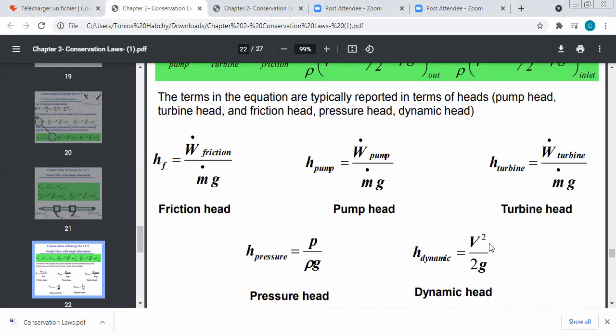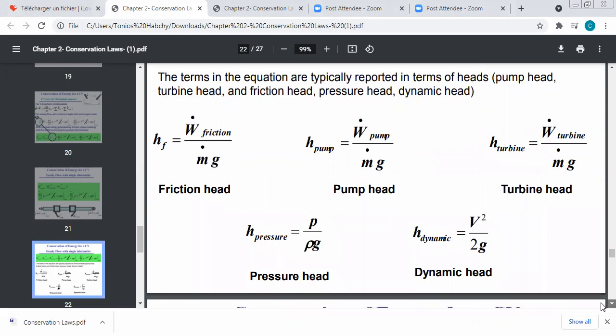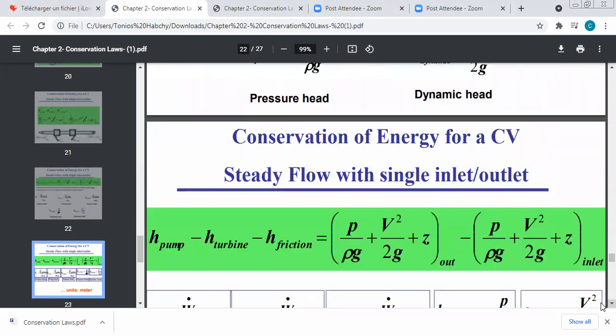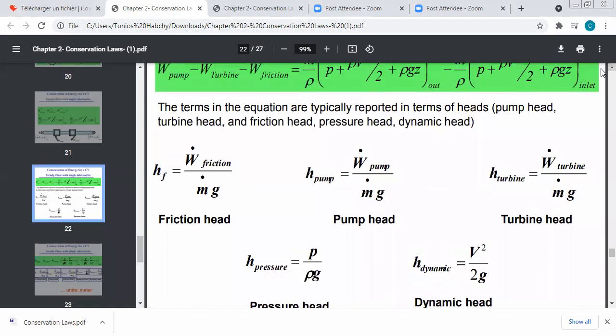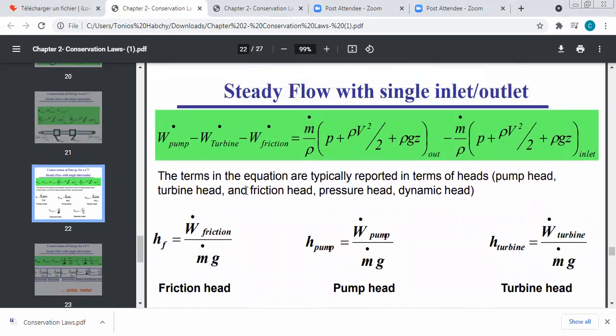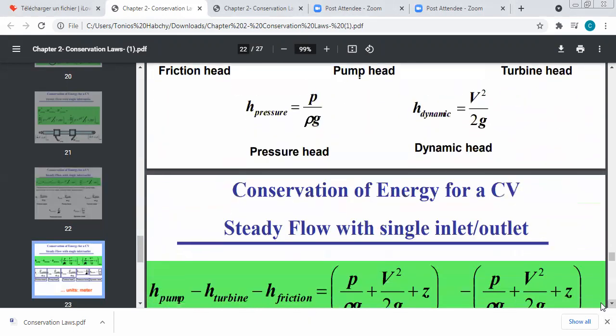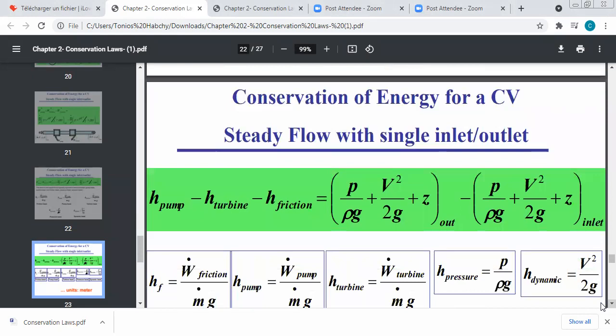V square over 2g is related to motion of the fluid, so we call it dynamic head. Then we can simplify m dot g from both sides, since you have taken m dot g into factor for all your terms. What will your equation be then?